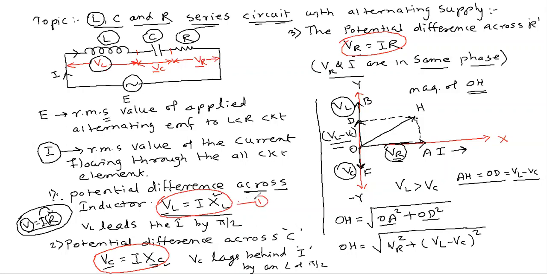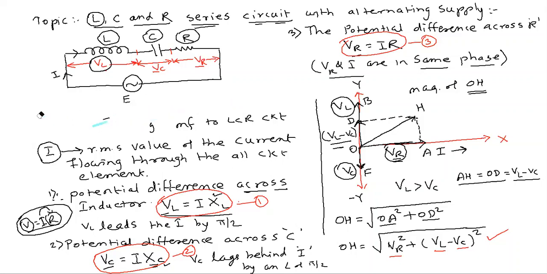Suppose this one is equation number 1, this is 2, and this one is 3. So I will put the values of VR, VL, and VC from 1, 2, and 3 in this equation, and I will get a new equation. What is the value of OH? The OH is nothing but E.